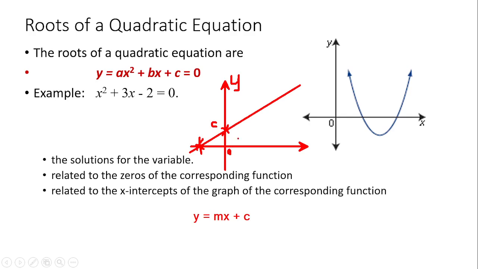Then we have y is equal to 1, y is equal to 2, y is equal to 3, and so on. Below this we have y is equal to minus 1, y is equal to minus 2, and so on. So when you say that this line touches the x-axis, what does that mean? It means where does the y value become 0?